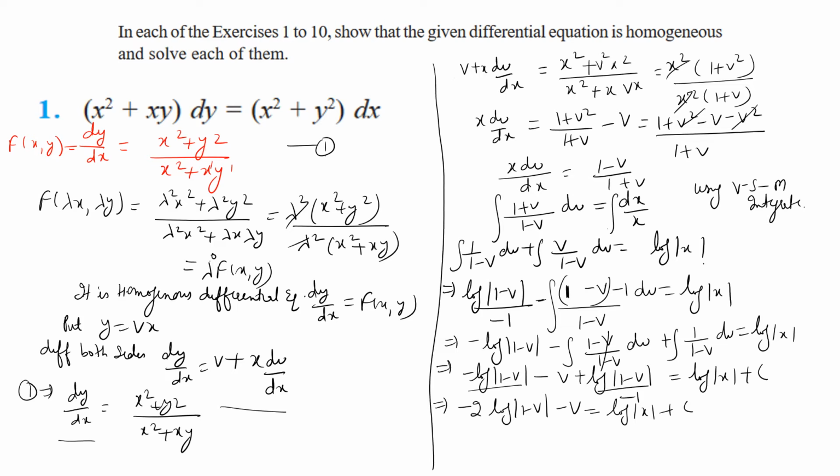So we get log of (1 minus v) raised to power minus 2 minus log x, you can check, and that will be v plus c.